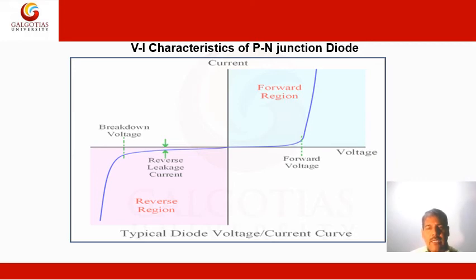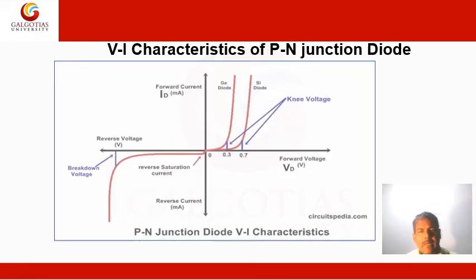So these two characteristics are used in appliances. VI characteristics of PN junction diode for different materials. Suppose here one is the germanium material, another is the silicon material. The forward characteristics of germanium and silicon are different.